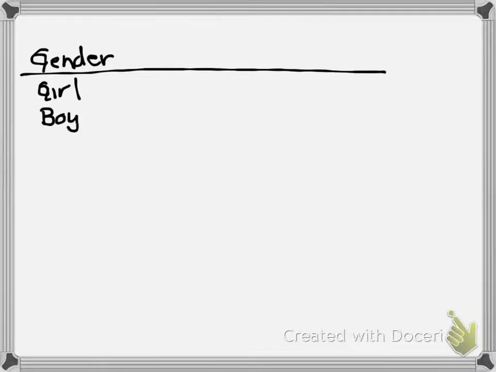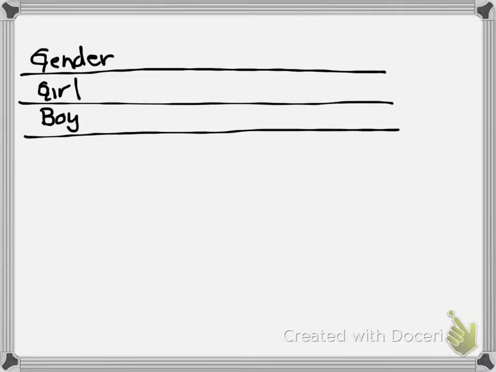All right, so first off, we're going to have gender going down, and so that's girl, boy, and what we're going to add is that third column, total, or I guess I should say row. That's going to be very important for us.